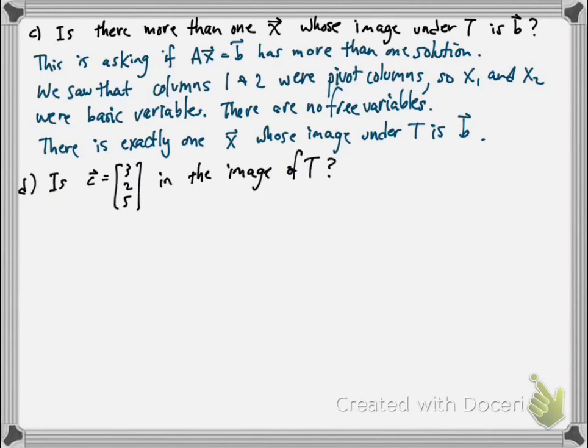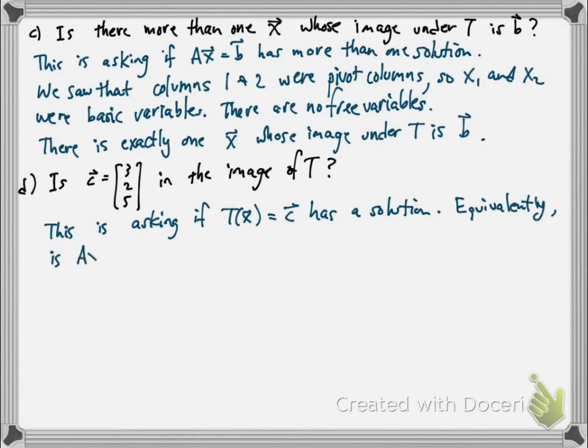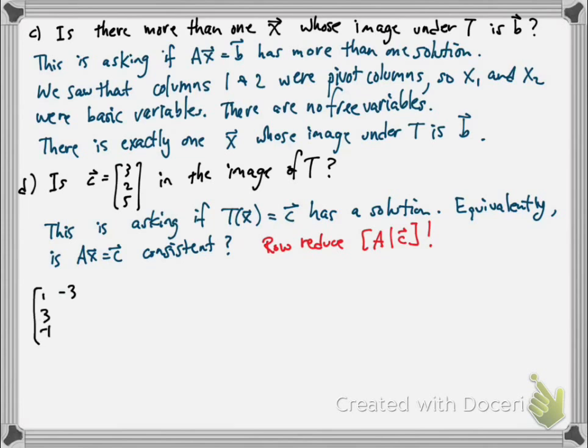Part D asks, is the vector c given by 3, 2, 5 in the image of T? This is just asking if T of x equals c has a solution, or equivalently, does Ax equals c have a solution? Is it consistent? So you can just row reduce the augmented matrix, where you write the coefficient matrix A and then the column vector c.